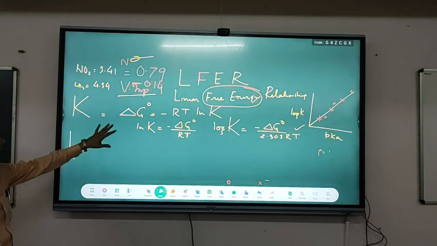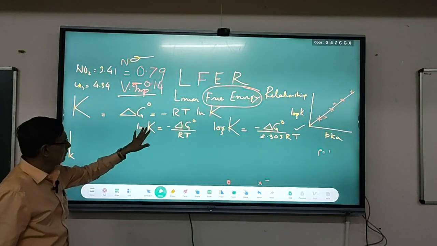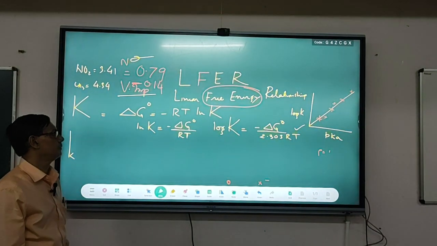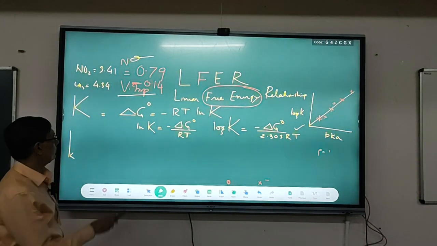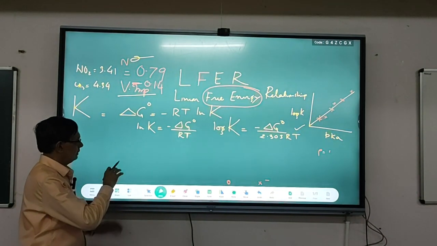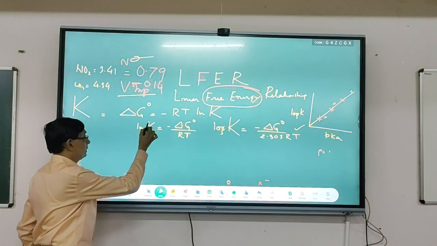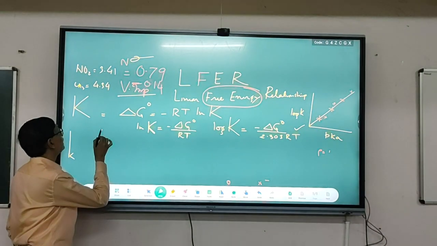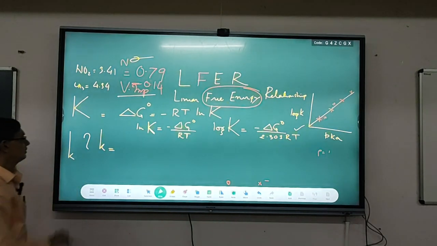So Hammett was convinced, yes, the equilibrium constant is related to free energy, absolutely no problem. Then he thought that where there is a relationship between free energy and equilibrium constant, there must be a relationship between rate constant and free energy.